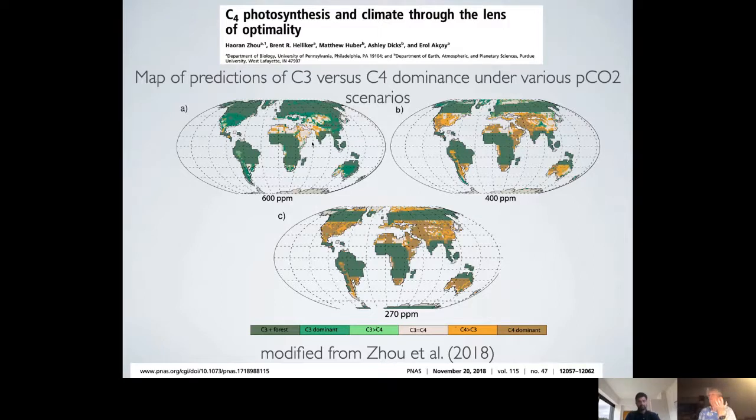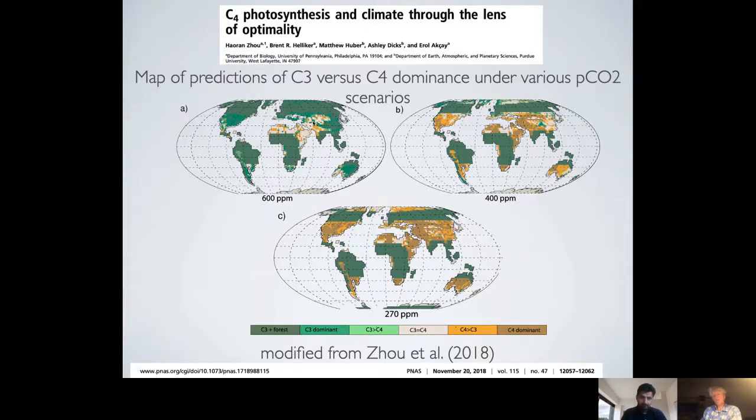So as CO2 goes down, and the only variable here was CO2, CO2 going down enhances C4 vegetation. So did the expansion of C4 in this part of the world, which is where we're looking, indicate that CO2 levels came down and then C4 plants took over?